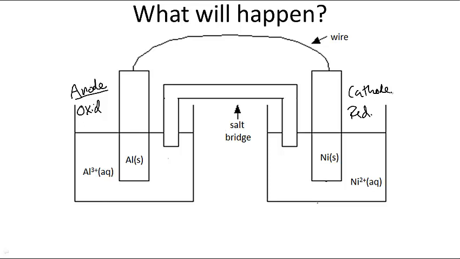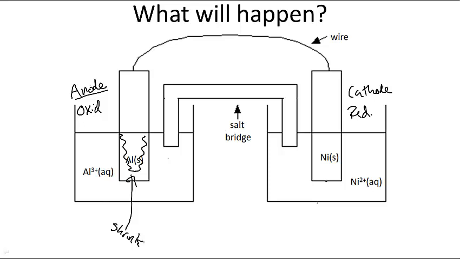All right. So now visually, guys, what will you actually see happen? If this is the anode, what are you going to see happen here? Well, hold on, we'll get to the battery side.